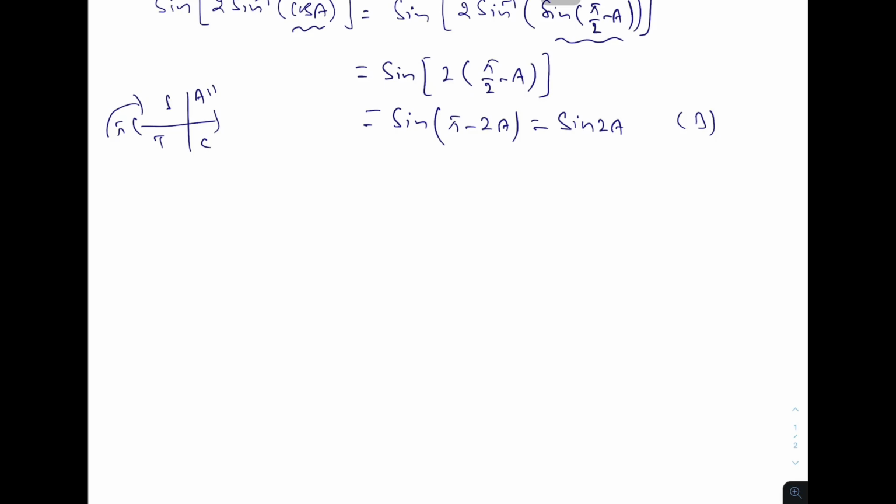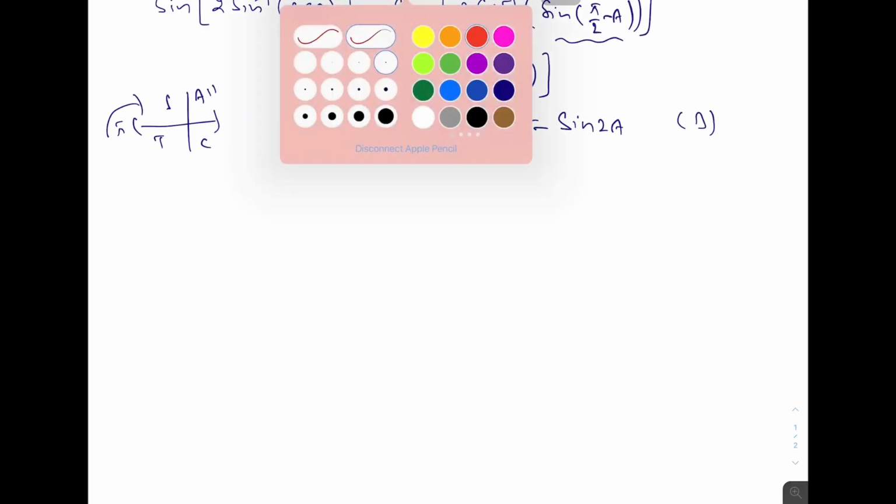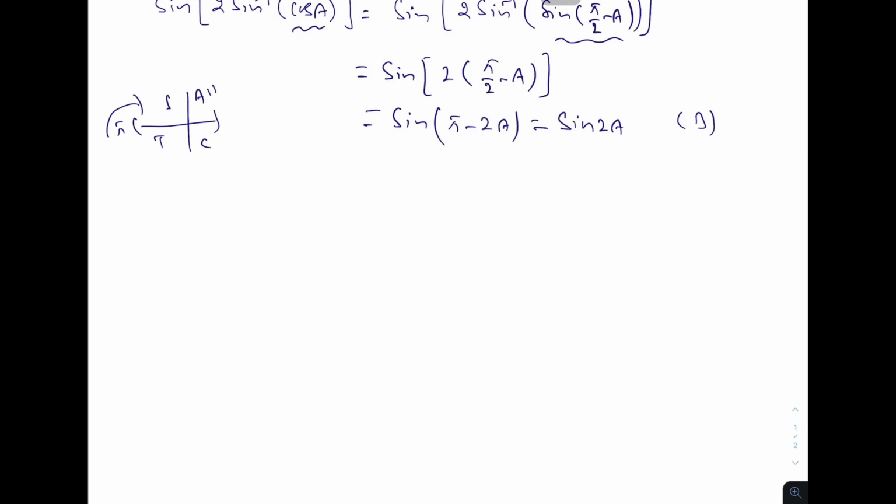Let us solve one more. Sine inverse of minus tan of 13 pi by 8 is equal to blank.